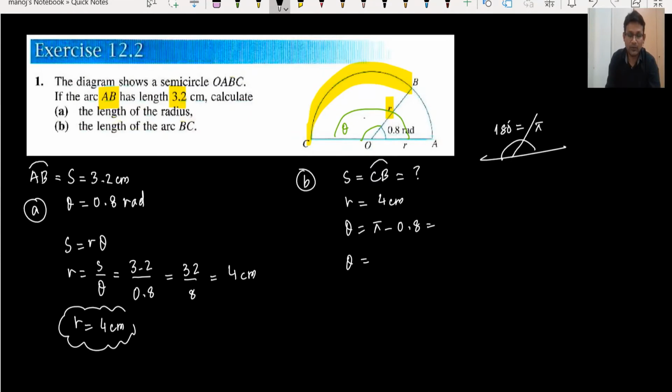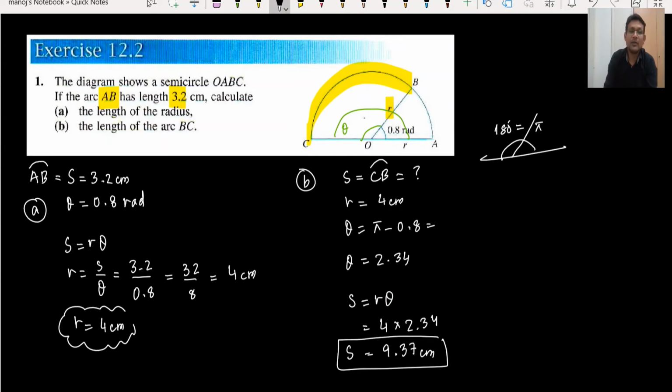Theta is coming 2.34. Now S equals R theta, and we need to find S, and R is 4 and theta is 2.34. When we multiply with this 4, the answer is coming, S is equal to 9.367 centimeter, and that we have done question number 1.